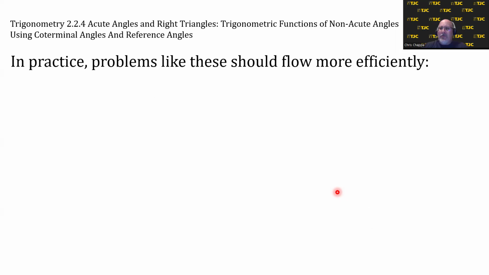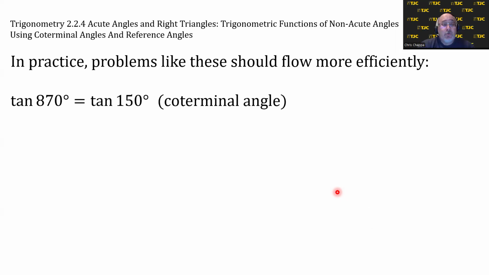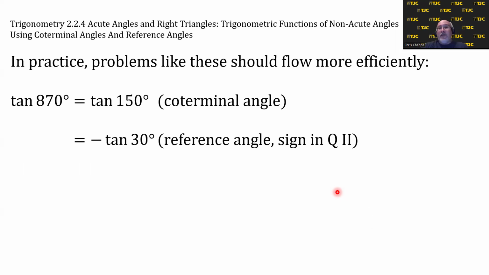So let's review how this problem should flow, because it should flow more efficiently. You take your trig function and your angle, which is not between 0 and 360. So you find a coterminal angle that is between 0 and 360, either by adding or subtracting enough 360s. At that point, you find the reference angle based on the angle and the quadrant, and you find the sign based on the trig function in the quadrant, and you put them together.